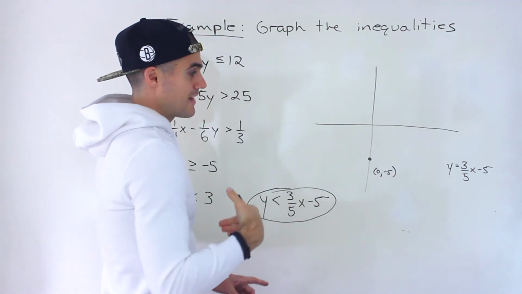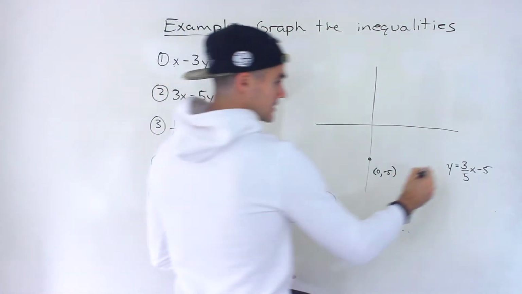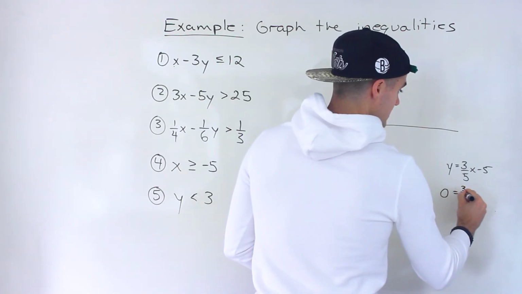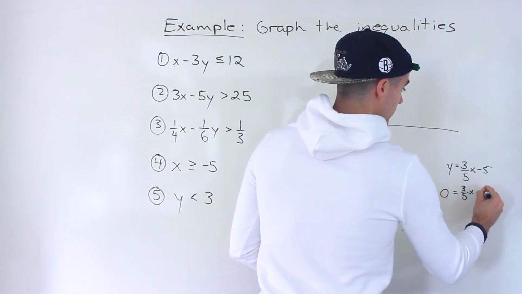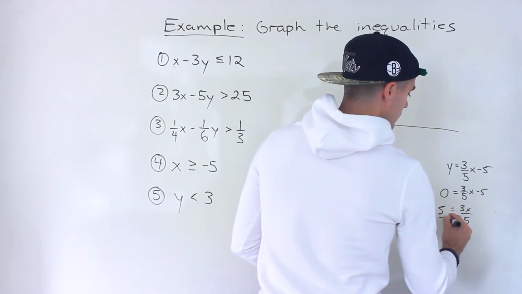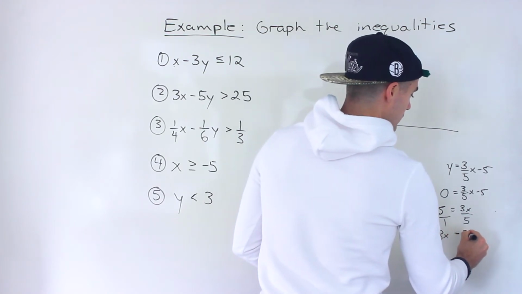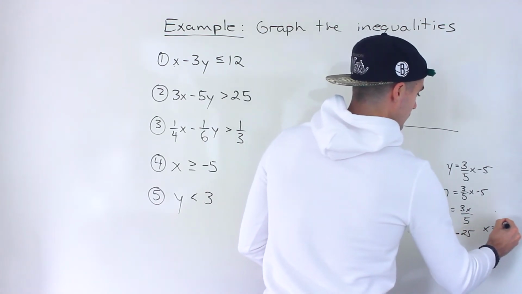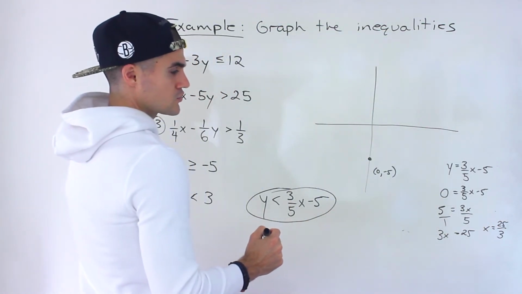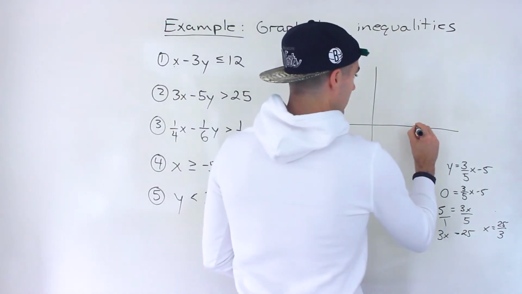If we wanted to get the x-intercept, what we could do is plug in 0 for y, and then isolate for the x. So bring the 5 over, 3x over 5, this is 5 over 1, 1 times 3x is 3x, 25, x would end up being 25 over 3, which would be 8.33, so that would be like over here.